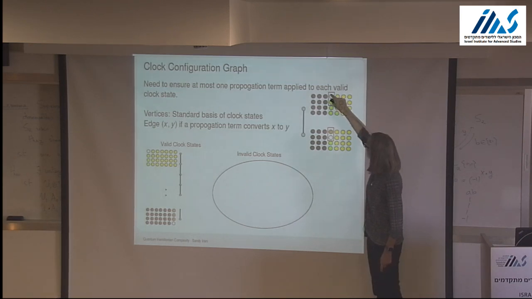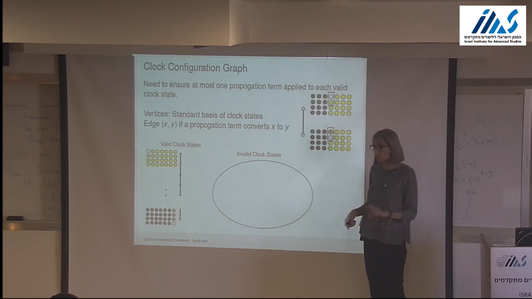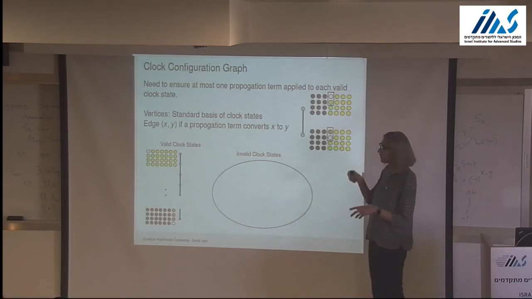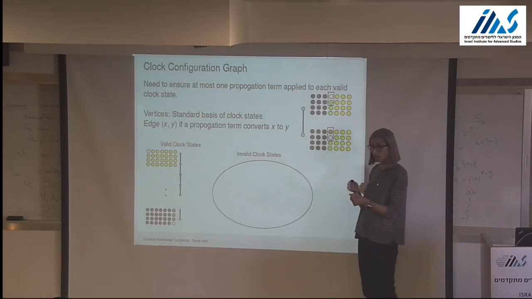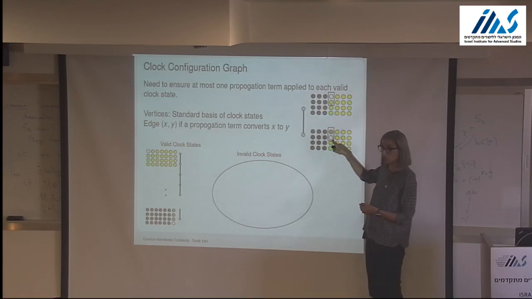Every term takes 2 particles and transforms them into another set of 2. And I have two types of terms. The ones that forbid certain configurations, saying, for example, that I can't have a yellow to the left of a black, are all 2-local. And the propagation terms are all 2-local. So everything is 2-local here.